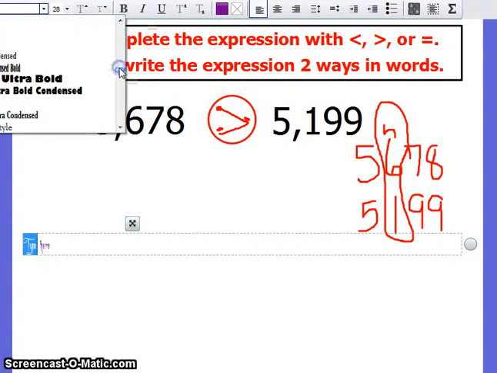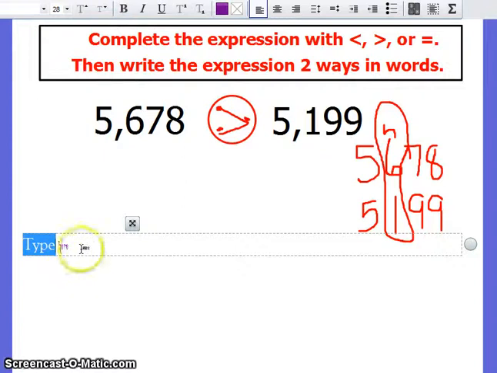So pick a font we can read. So we could say 5,199 is less than 5,678.